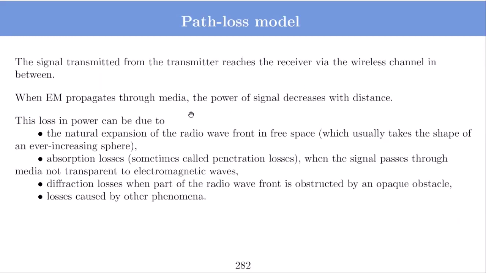As the distance increases, the power of the signal reaching the receiver decreases. This loss of power depends on multiple factors. The first is the natural expansion of the radio wavefront in free space. As you move away, the radio waves transmitting in all directions have a spherical wavefront that grows, and because of this growth, the power density decreases.